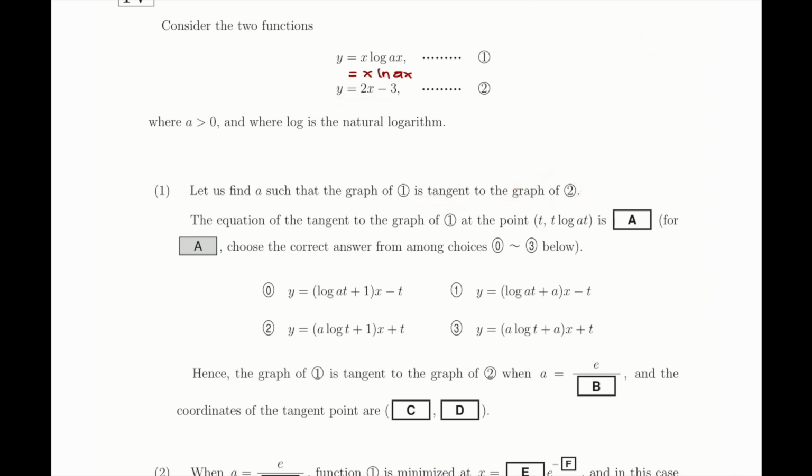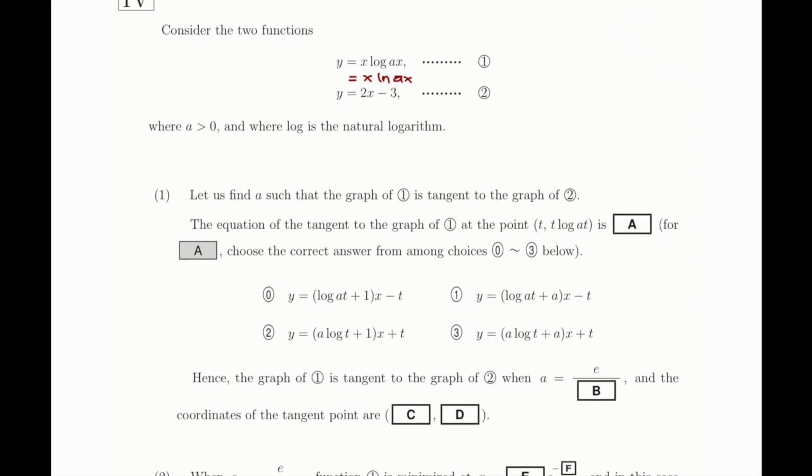So we can say that this straight line is the tangent to this curve. The equation of tangent to the graph of 1 at point t, t log at is a. For a, we have to choose the correct answer from among the choices 0 until 3 below. So we have to choose the correct expression for a.